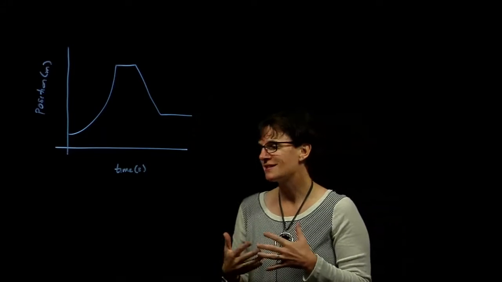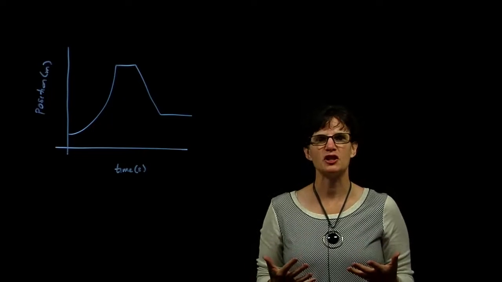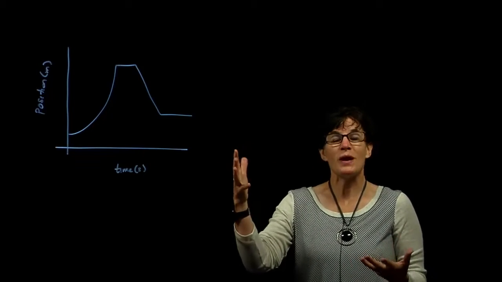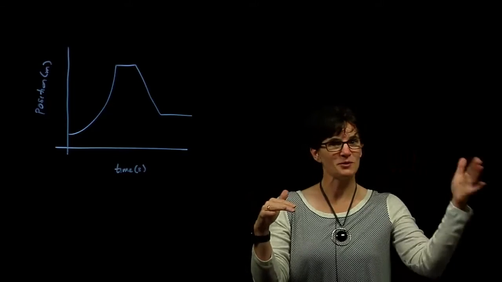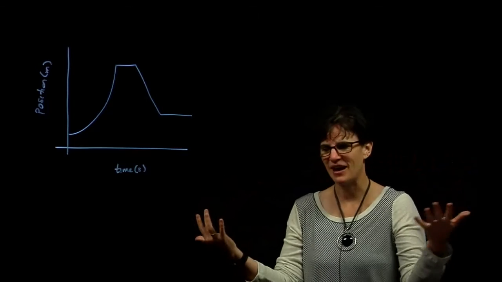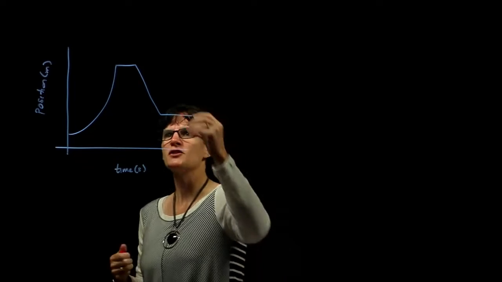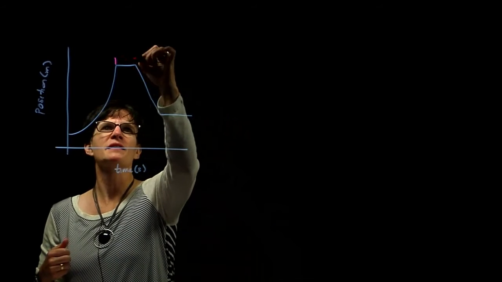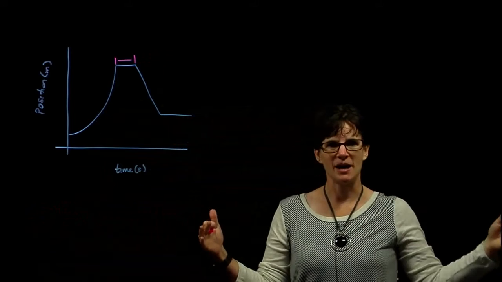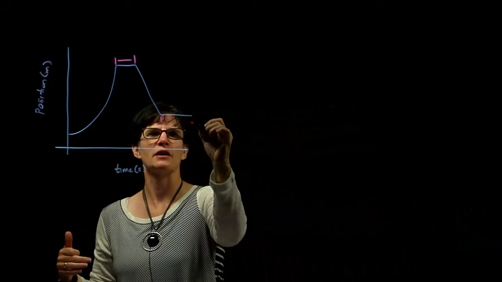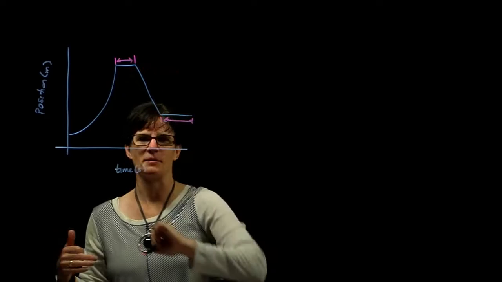So to represent an object standing still with position, that means the position isn't changing. So we want to examine where, as time goes on, the position is maintaining its value. So that's a flat horizontal line. During this time frame, the position is not changing its value as time goes on. And during this time frame, the position is not changing its value as time goes on.